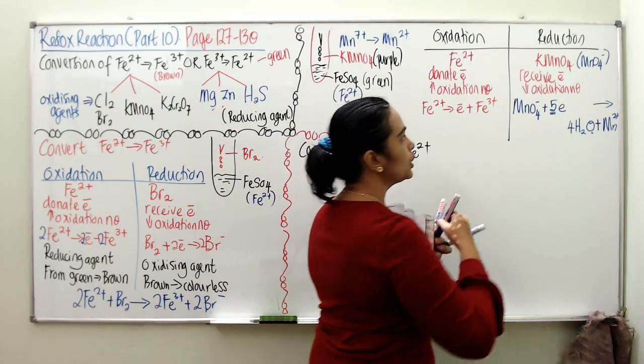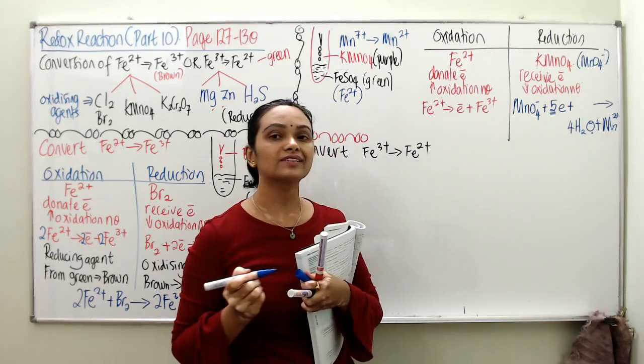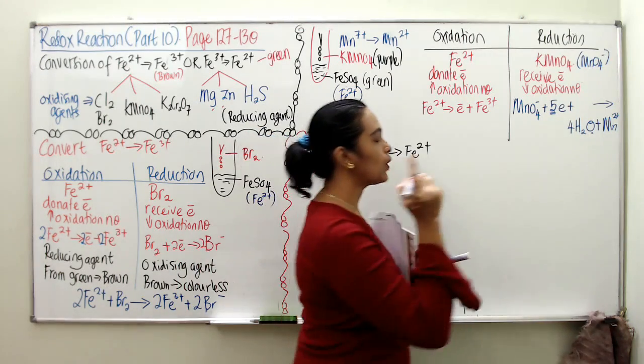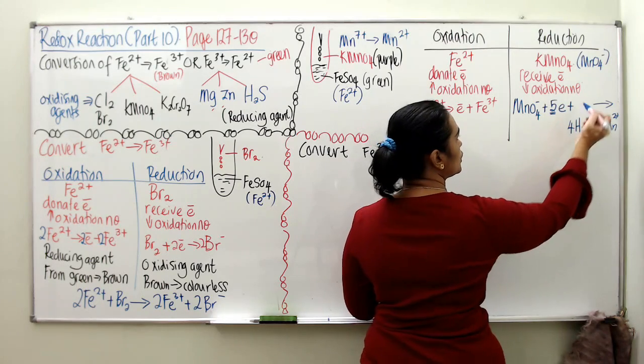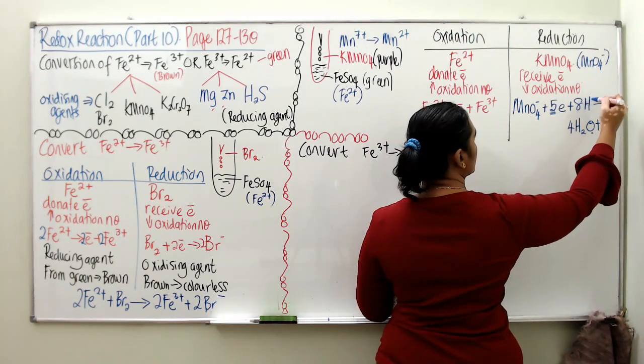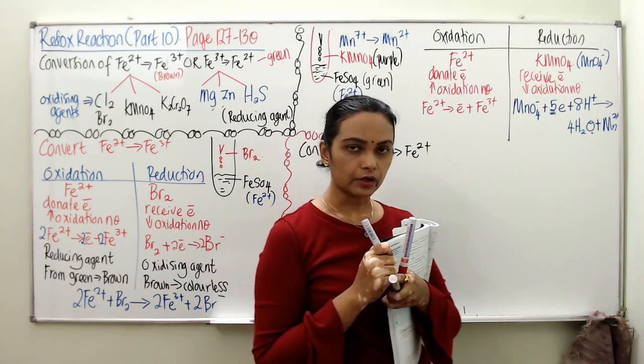Now you have to bring your hydrogen. That is the reason why we use acidified: to bring hydrogen. Since you have 4 times 2, you have 8 hydrogen ions involved.